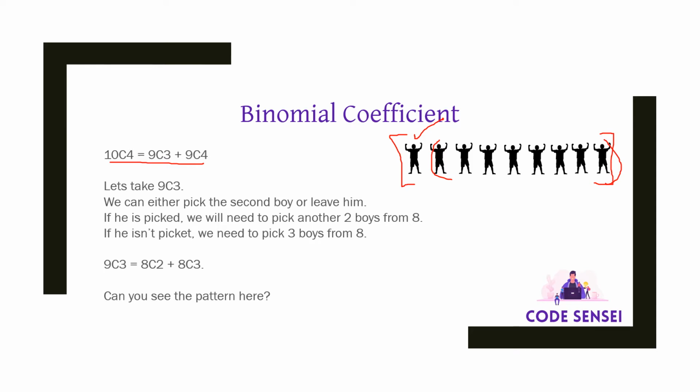And if he isn't picked, we need to pick 3 boys from these 8 boys. So to pick 3 boys from 9, the number of ways is picking 2 boys from 8 added to picking 3 boys from 8. From this formula and the formula that we got earlier, are you able to find some pattern here?